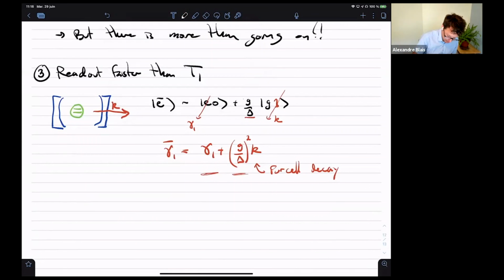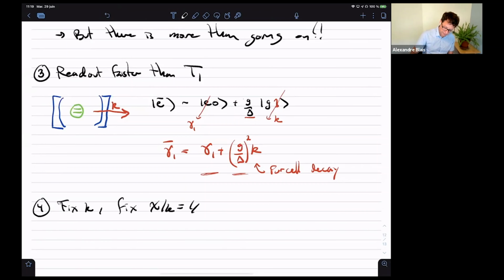The fourth thing to say, and the last thing, is that now we fix kappa to avoid being dominated by Purcell decay. Fix chi over kappa to 1/2 to be optimal.